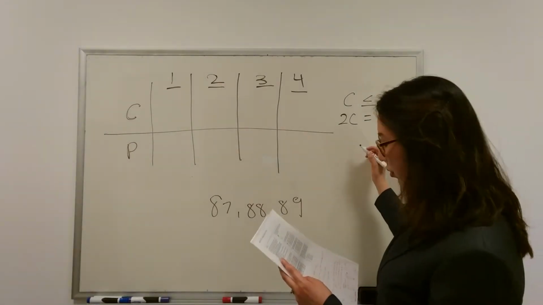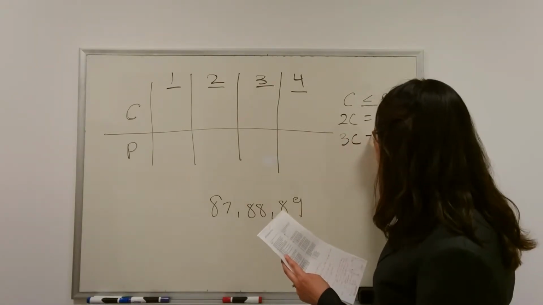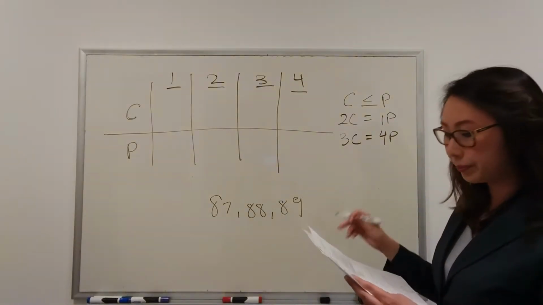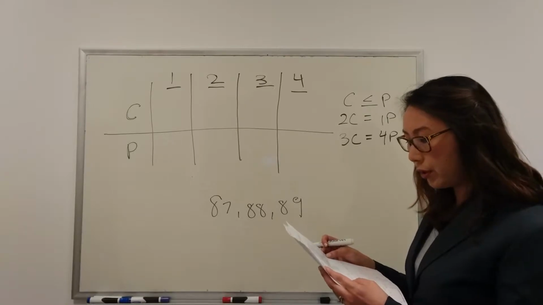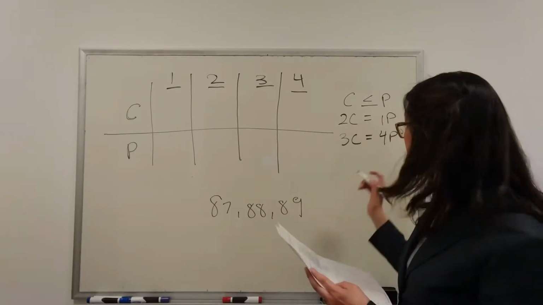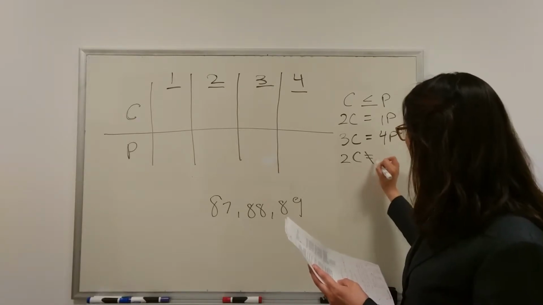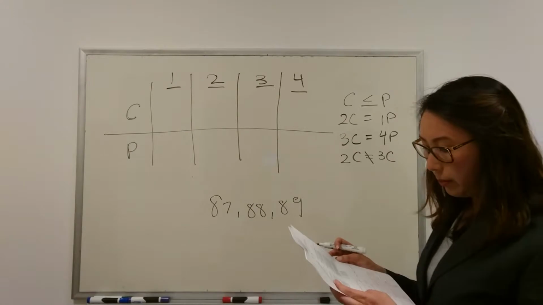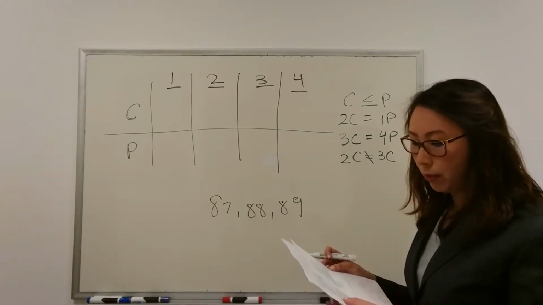So here too, we have 3C equals 4P. Next, the computer in Office 2 and the computer in Office 3 were bought in different years. Here we have a different condition. So 2C does not equal 3C. And finally, the computer in Office 1 and the printer in Office 3 were bought in 1988.